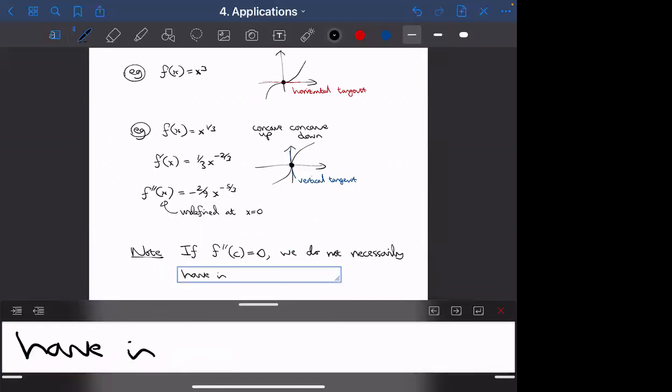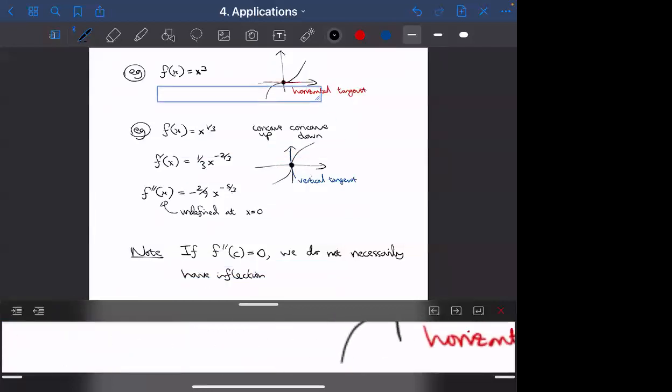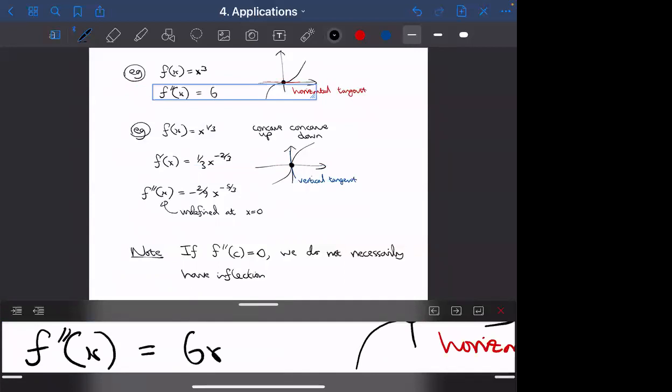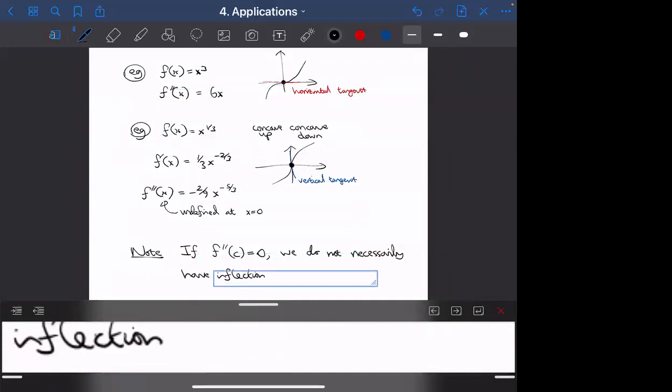So in the first example, there is an inflection point and f prime prime is 0. Let's just write it in. So f prime prime x we calculated before is 6x. So it's 0 at 0.